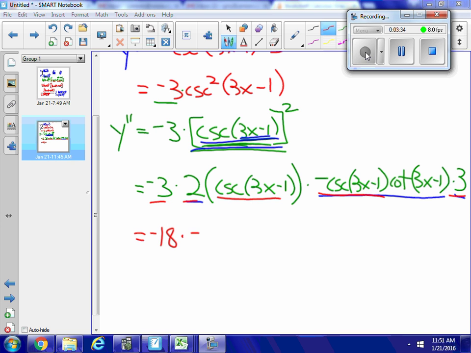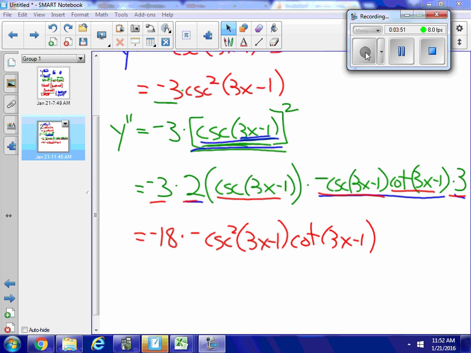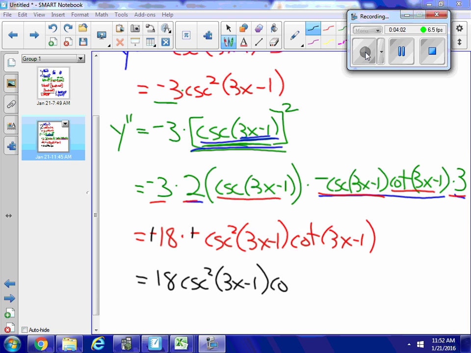So that would give me a negative cosecant squared 3x minus 1. And then the last thing I'm missing is cotangent 3x minus 1. And if I wanted to be really nice, which I do, I'm going to cancel out these 2 negative signs. So it's just going to be 18 cosecant squared 3x minus 1 cotangent 3x minus 1.